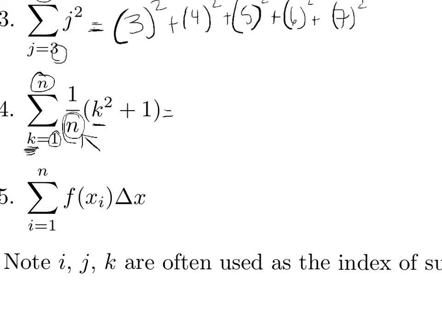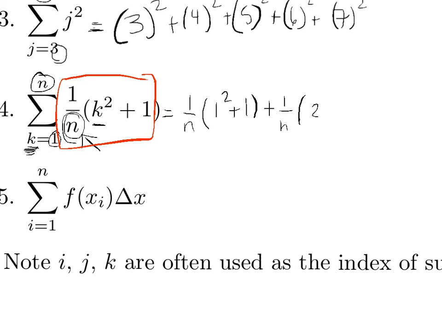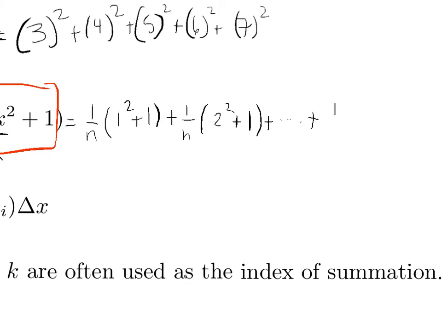So the way we would write this is we would take everything on the inside here and write it for each term, starting at k equals 1 and moving all the way up through k equals n. So this would be 1 over n times 1 squared plus 1, plus 1 over n times 2 squared plus 1, plus ... 1 over n times n squared plus 1.